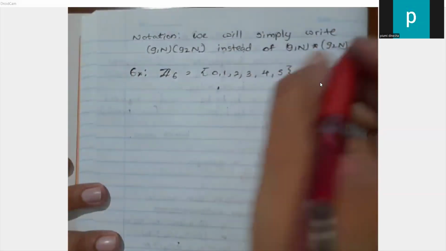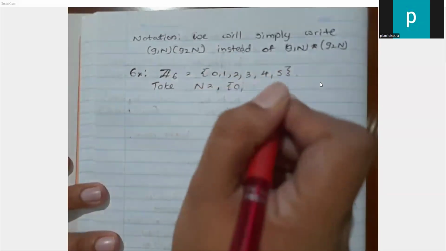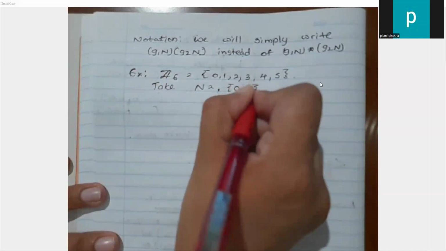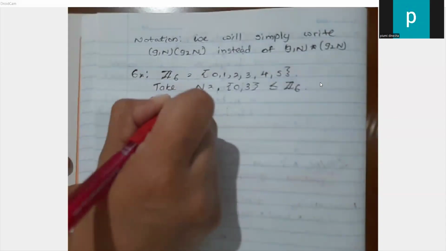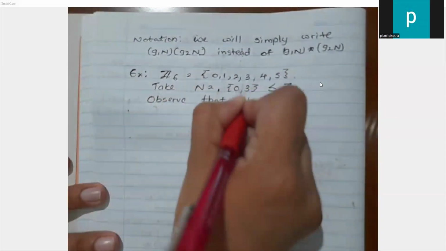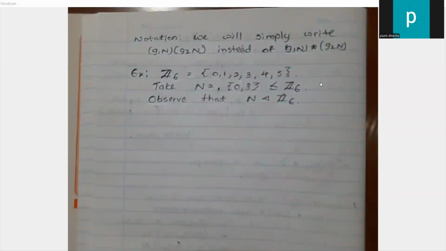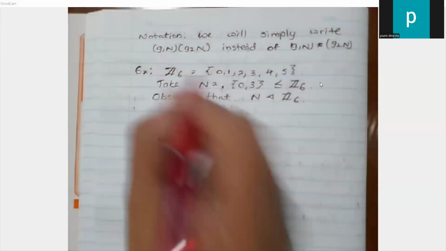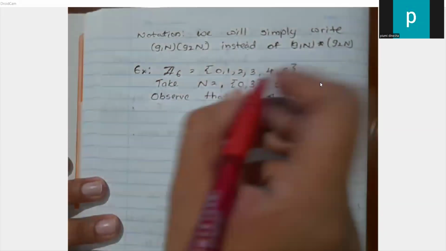Let's take its subgroup N containing 0 and 3, which is a subgroup of Z6. Observe that N is a normal subgroup. Why is it a normal subgroup? Because Z6 is abelian. In an abelian group, any subgroup will always be normal, right?